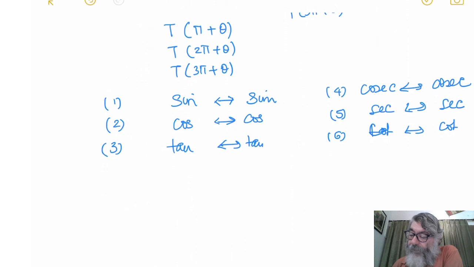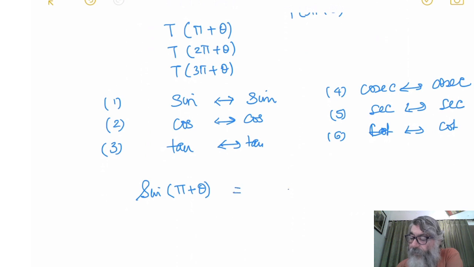Suppose I want to write sine of pi plus theta. So what will it become? First of all, I have to determine that if sine of pi is there, that means the values are along the x-axis, then sine will remain sine.